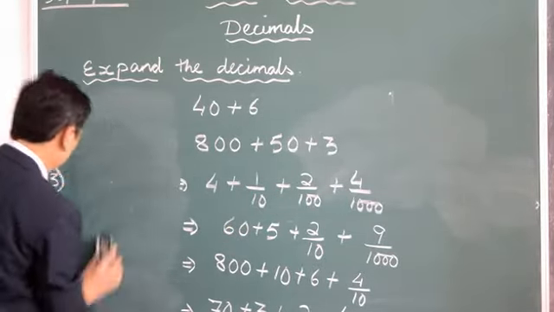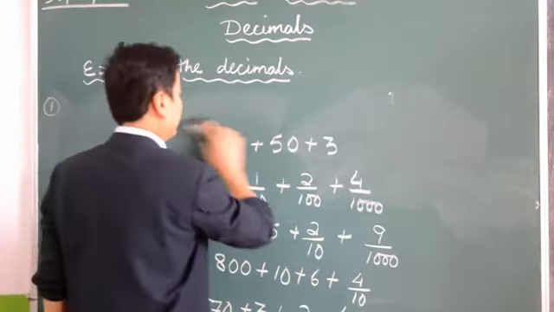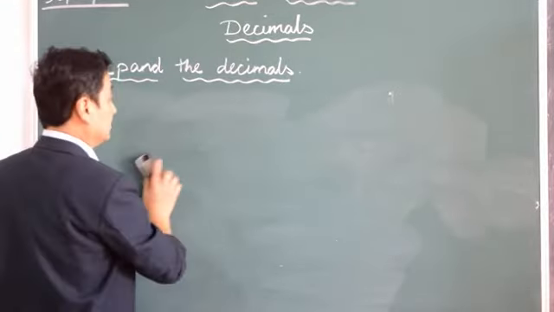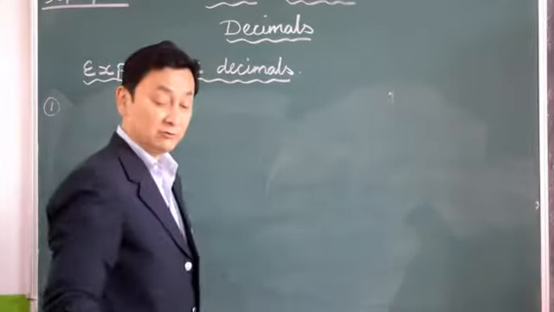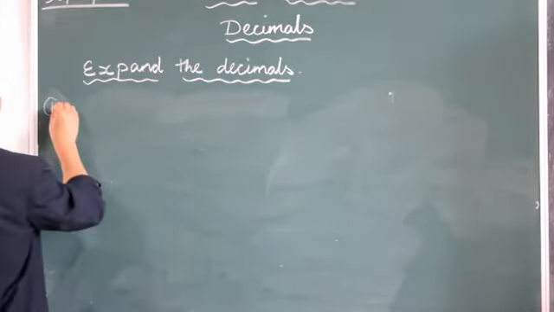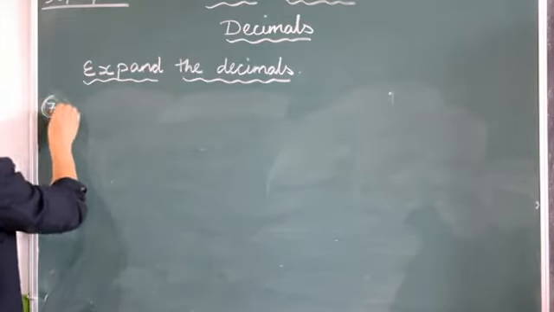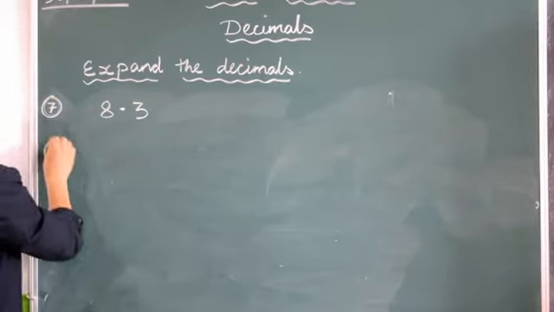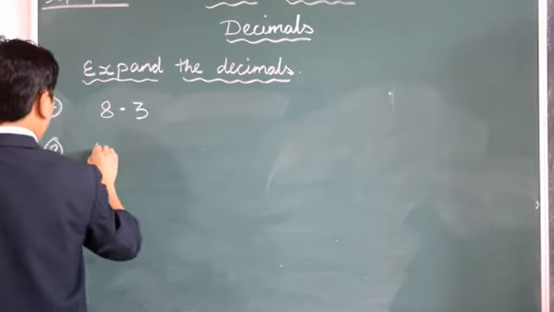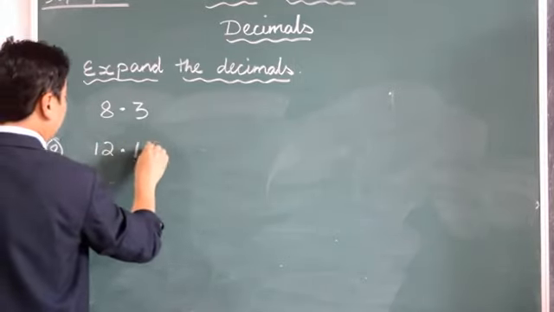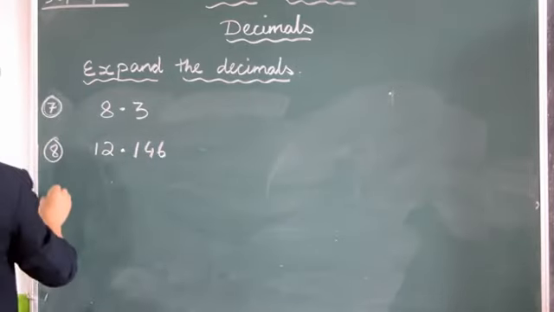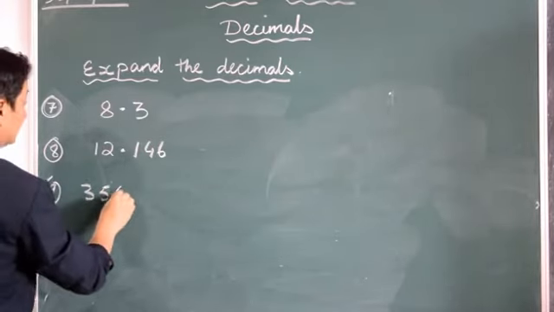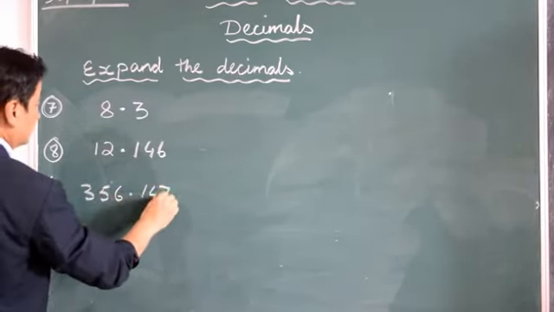So let's do some more numbers which will make you understand better. Remember, before the decimal point, it should be as we used to expand before. Those are whole numbers. So number 7, 8.3. Number 8, 12.146. Number 9, 356.147.